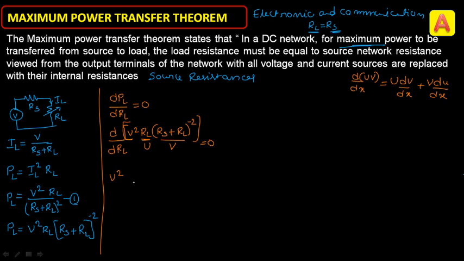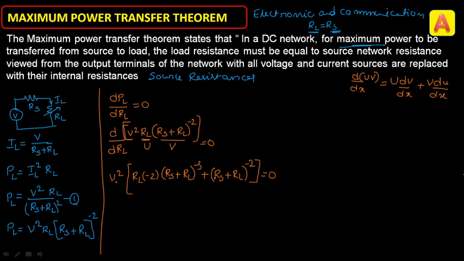So we get V square into RL into minus 2 into (RS plus RL) whole power minus 3, plus (RS plus RL) whole power minus 2 into dU by dx. dU by dx means dRL by dRL, which is equal to 1. We are equating this entire equation to 0.